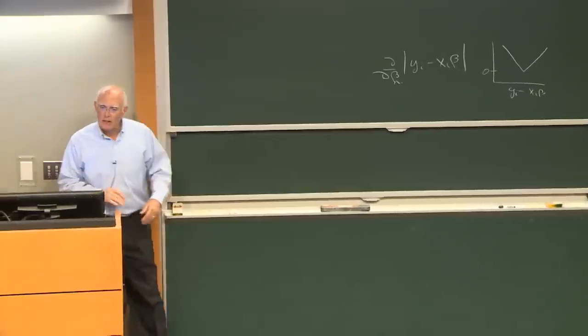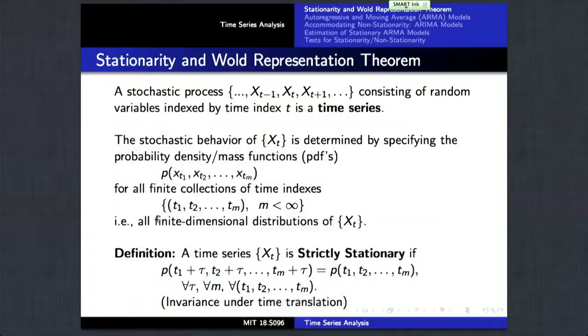So let's begin basically from first principles. We have a discrete time stochastic process, x, which consists of random variables indexed by time.